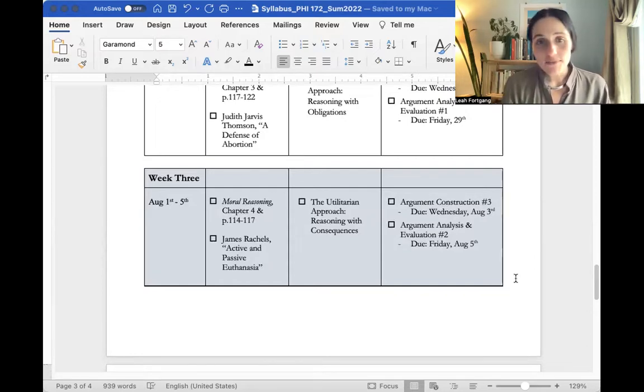And then the week after, we're going to be thinking about our moral judgments that rely on arguments concerning consequences. So something being good by virtue of its consequences, or something being the right thing to do by virtue of its consequences. And there, the ethical dilemma that we're going to be looking at is this distinction between what gets called active and passive euthanasia.